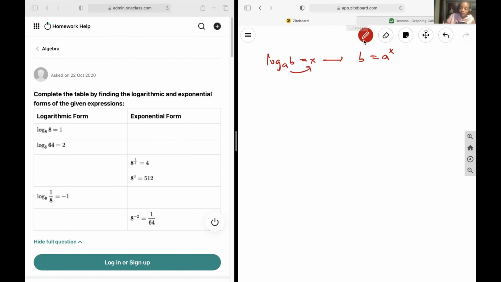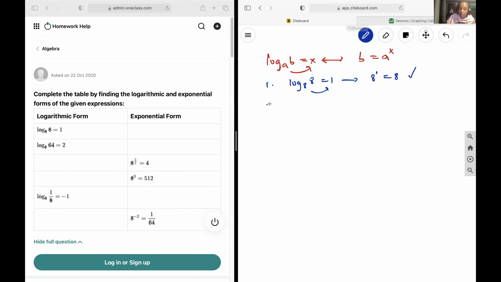So for our first one, we have log 8 of 8 is equal to 1. So for this example, we're going to be going in both directions. But for this first one specifically, we're going this way. So 8 will come in where 1 is a hat, and it's going to become 8 to the power of 1 is equal to 8.